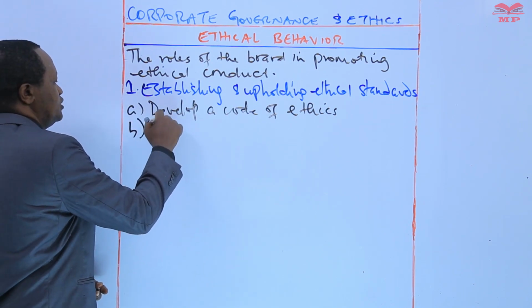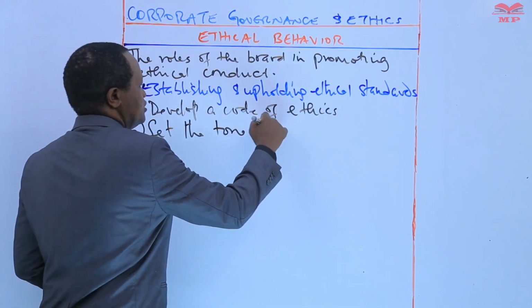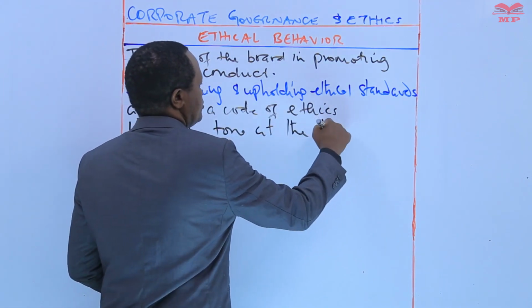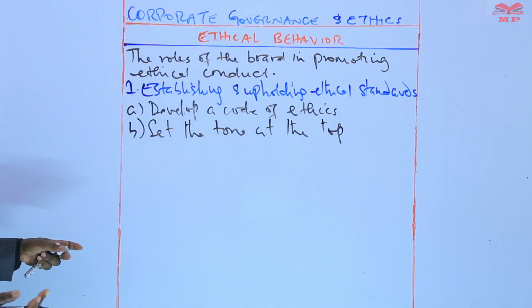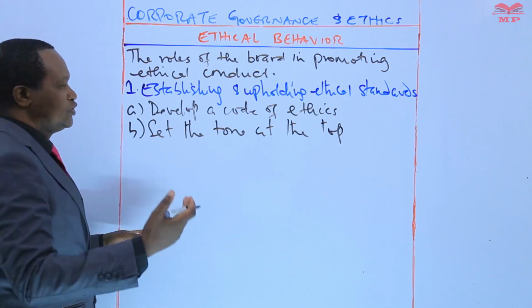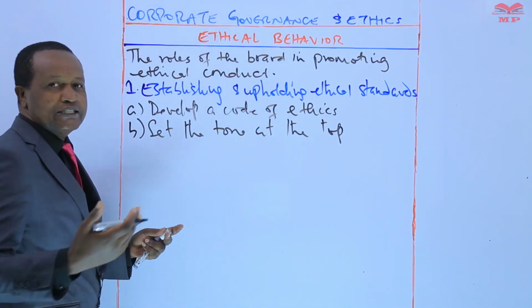Two, set the tone at the top. This is the tone of ethical conduct. The board is required to set the tone of ethical conduct at the top, to be an example.